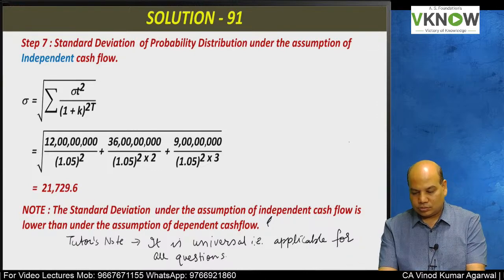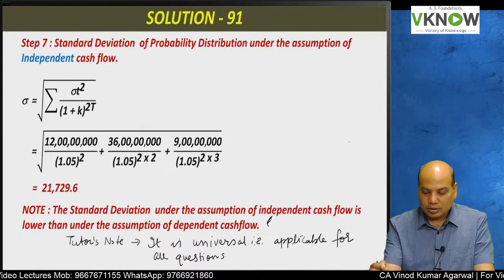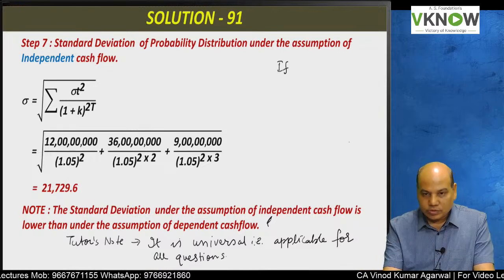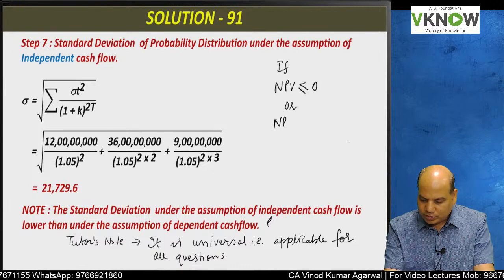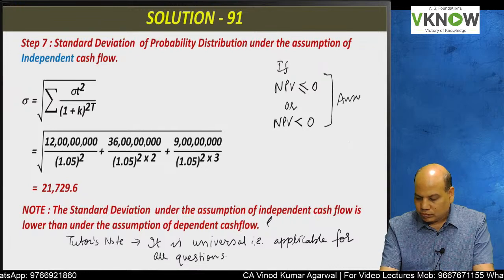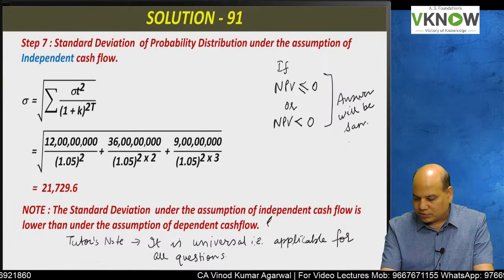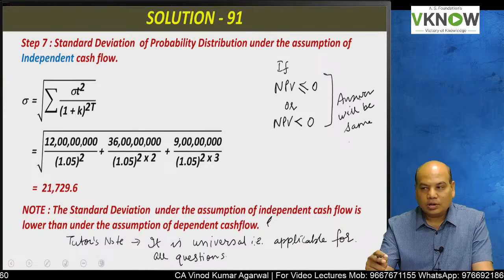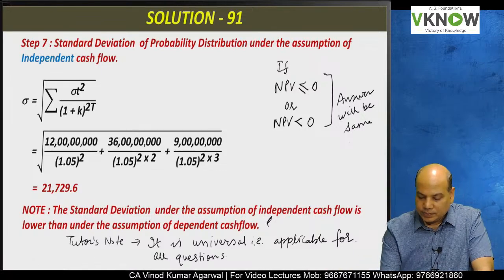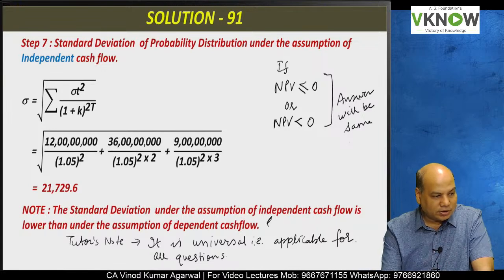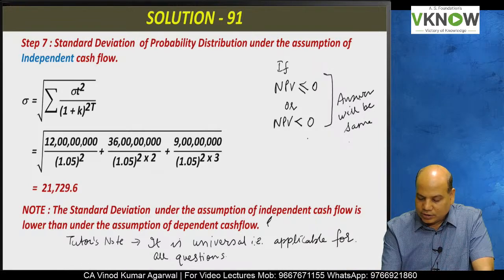Now I need to tell you one more thing. If the question says probability of NPV greater than, less than or equal to 0, or NPV less than 0, answer will be same. So whether it is less than 0, less than equal to 0, the answer will be same. Okay. So don't overstretch your imagination.